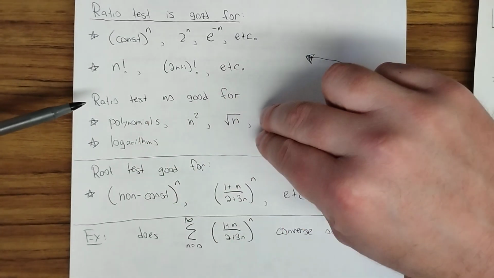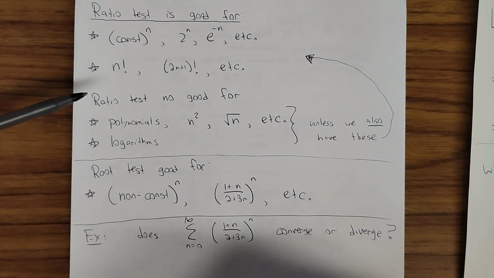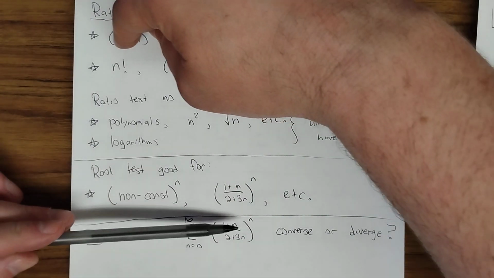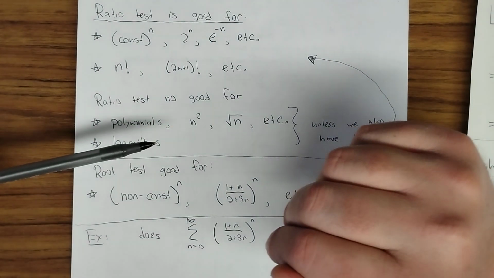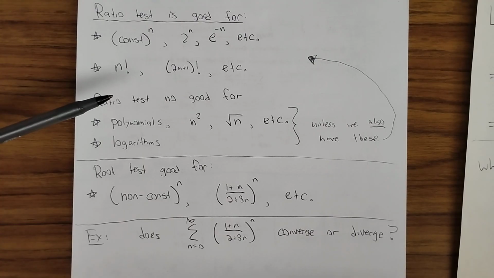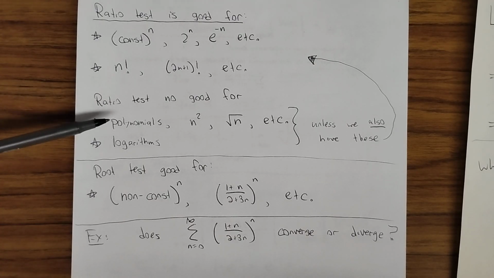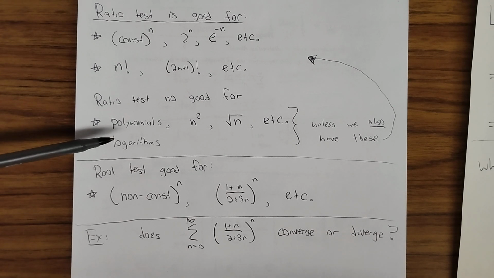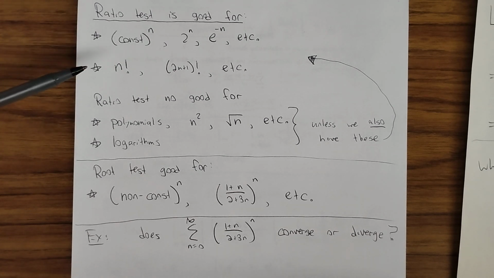Polynomials don't grow very fast. Logarithms grow even slower than polynomials. Up here, this is faster growth. So the ratio test is not going to be so good for these things down here, or it will be inconclusive unless you see some of this stuff up there.